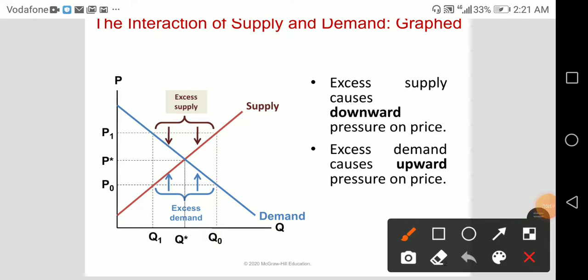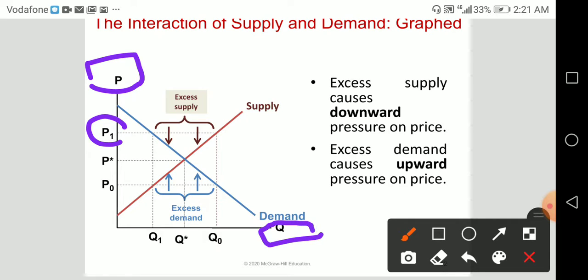When I have this point P1, what does P1 mean? The price 1. This is the price axis and this is the quantity axis.